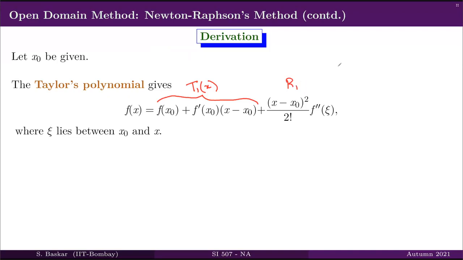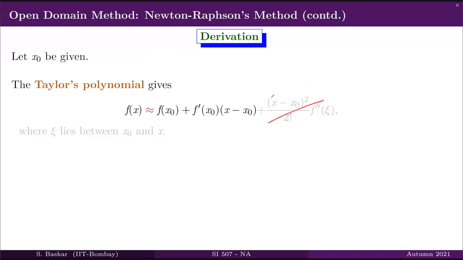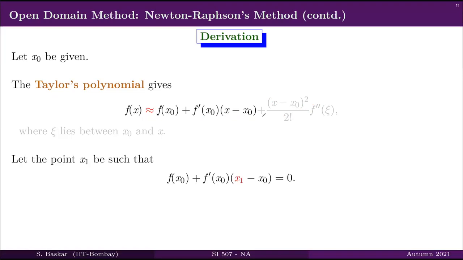The idea now is to ignore the remainder term and try to approximate your function f by this linear polynomial, and thereby, instead of solving the equation f(x) = 0, you solve this linear equation f(x0) + f'(x0)(x - x0) = 0.